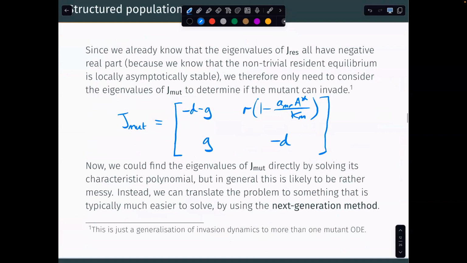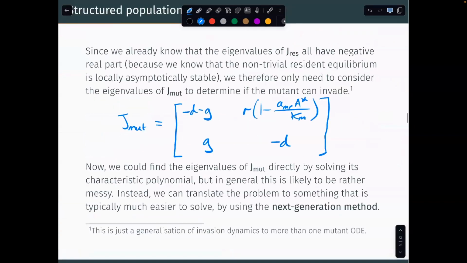Okay, so we can write down our 2x2 Jacobian for our mutant dynamics. It looks very similar to the Jacobian that we had for our resident population. One of the key differences will be in this term up here. We've got this A star here, and there was no A star on the outside.